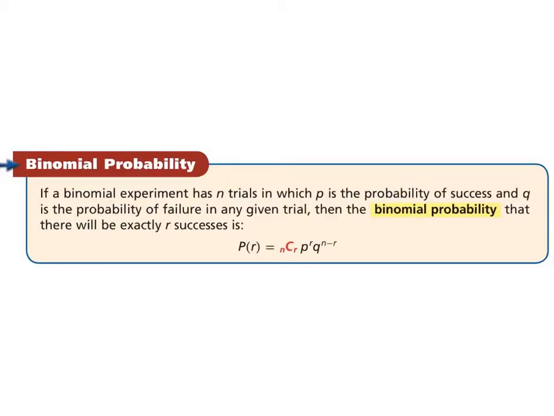So just a quick reminder about binomial probability. We need to find 4 values before we can compute this thing. We need to know n, which is the number of trials. Right, it says that right here. We need to know r, which is the number of successes that we're shooting for.